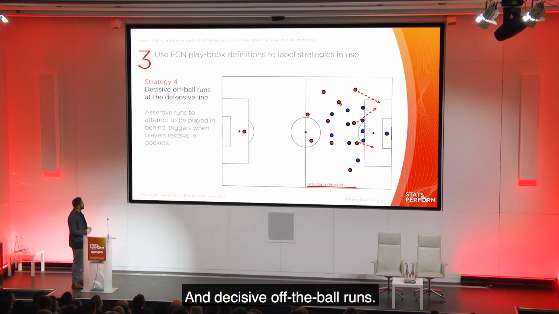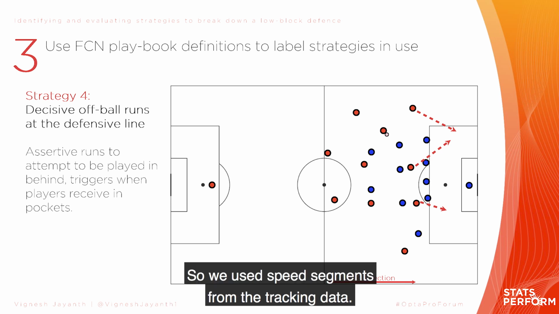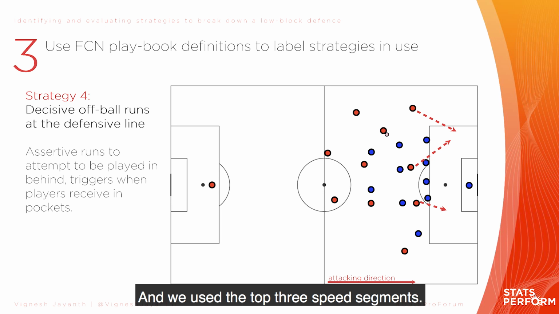And decisive off-the-ball runs. When you try to define forward runs, we first define what it would look like. We used speed segments from the tracking data, and we used the top 3 speed segments.